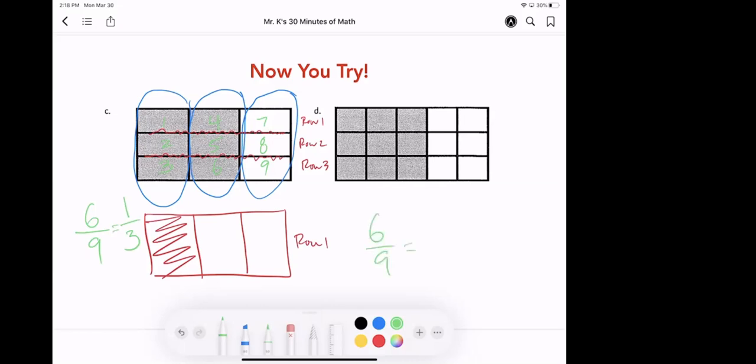So 6 ninths, we know it equals 1/3 from our area drawing. We went from 3 rows down to 1, so we are dividing by 3. And so, oh, I made a huge mistake. My apologies, friends. And some of you pointed out, that should be a 2. Oh my, please forgive me, moving too fast.